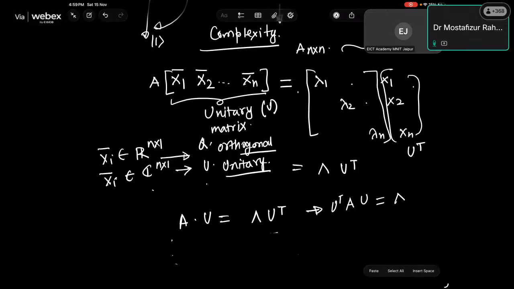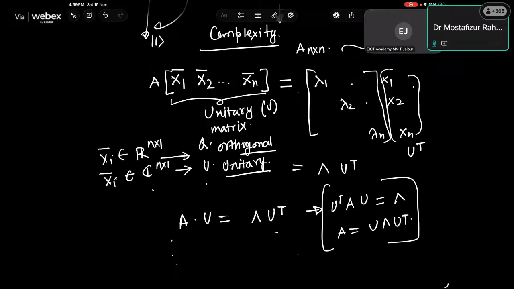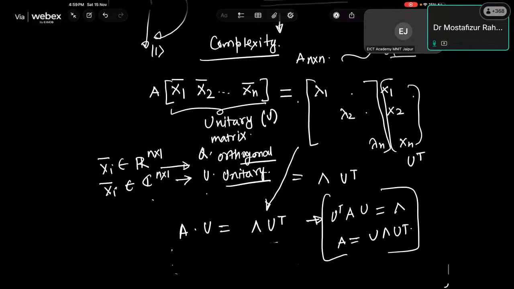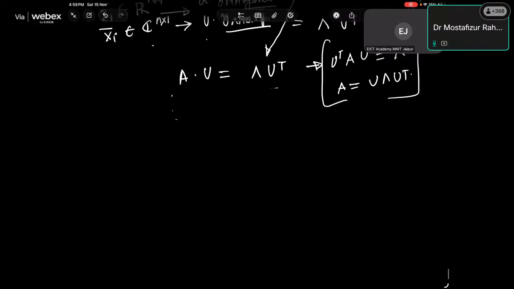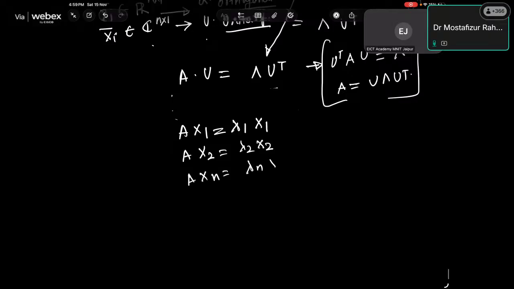And then a I can write as u lambda u transpose. So this is just how you represent these things, a shortcut that I have applied. But in general, I should write it this way: a1 x1 equals lambda 1 x1, a2 x2 equals lambda 2 x2, and a xn equals lambda n xn.